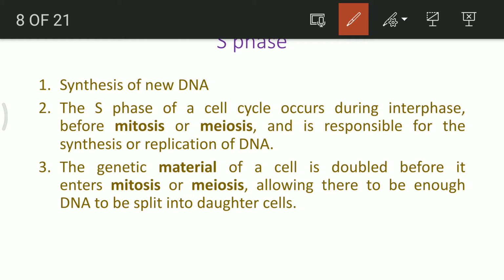Histone proteins are synthesized, and these are associated with DNA strands. Sometimes nucleosomes are also synthesized, non-histone proteins are synthesized, and this S phase is a very long phase. It takes around 6 to 8 hours in a normal mammalian cell.